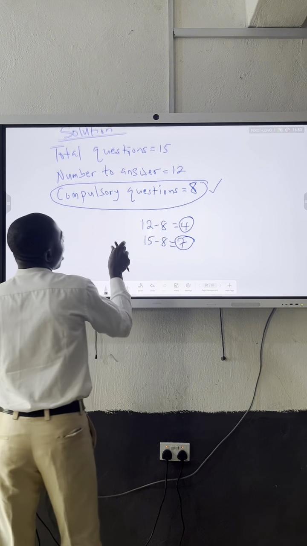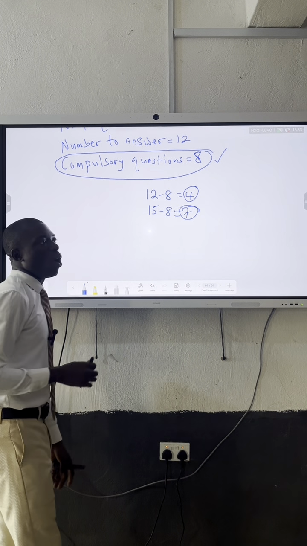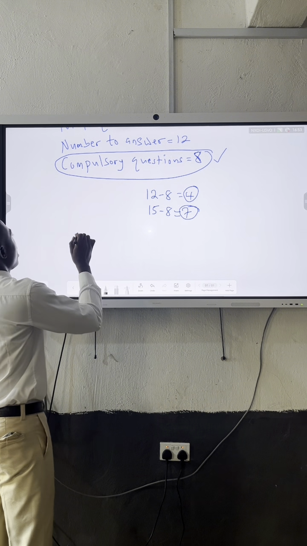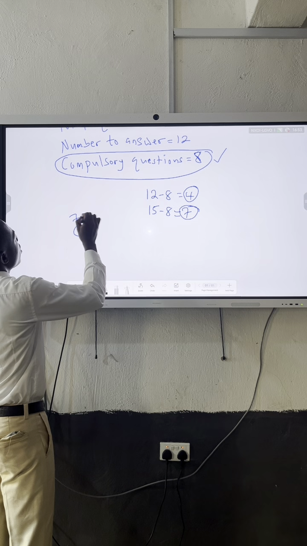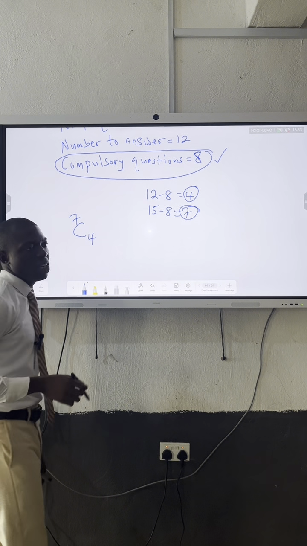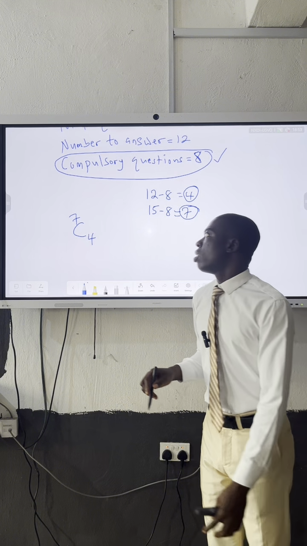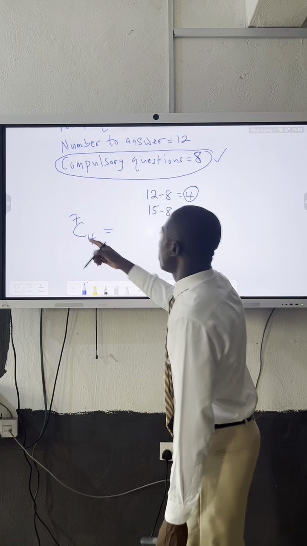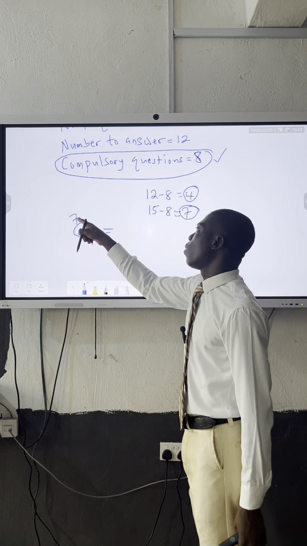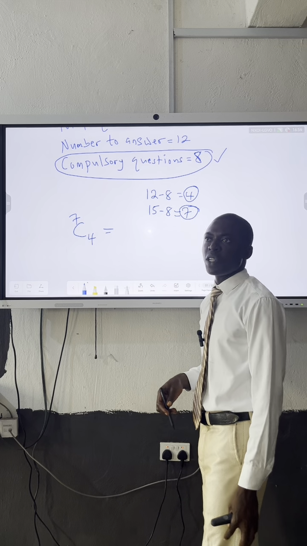So the candidate is now going to select 4 from 7. Mathematically, we write it as 7 combination 4. That is the candidate selecting 4 questions from the remaining 7 questions.